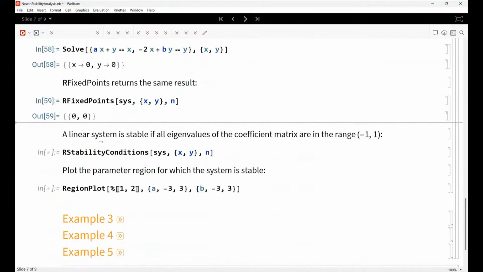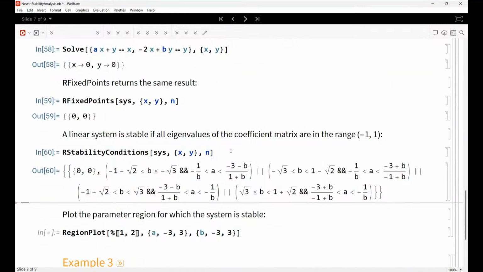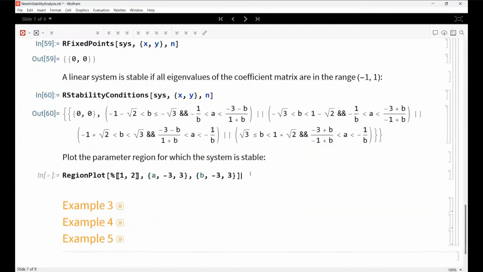And this linear system is stable only if all eigenvalues of the coefficient matrix are in the range of -1 to 1. And here, our stability conditions will give some stability conditions because we have parameters in the equation, and we can plot the parameter region for which the system is stable.